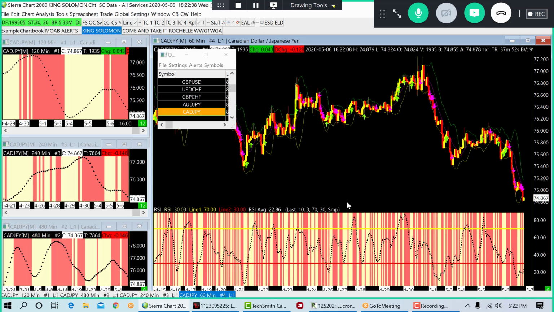But anyway, okay. So here's the deal. I'm going to really lean on King Solomon here. Everywhere from here down was a new low, and it went 5, 6, 7, 8, 10 candles for new lows.